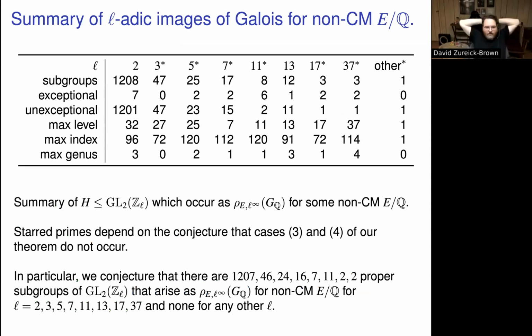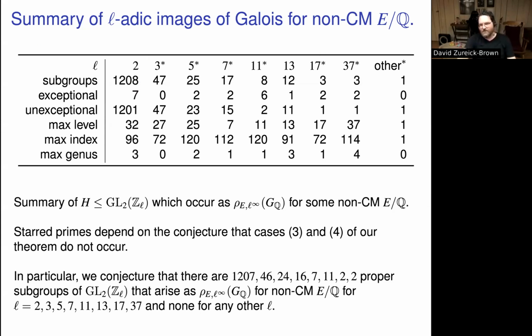And then I'll show some graphs later, but here's a table with the data. I'll just kind of stick to the case with 2. There are actually a lot of different subgroups that can occur as the 2-adic image of an elliptic curve over Q. There's lots of genus 1, rank 1, or genus 0 modular curves. 1208 is a much larger number than we expected.